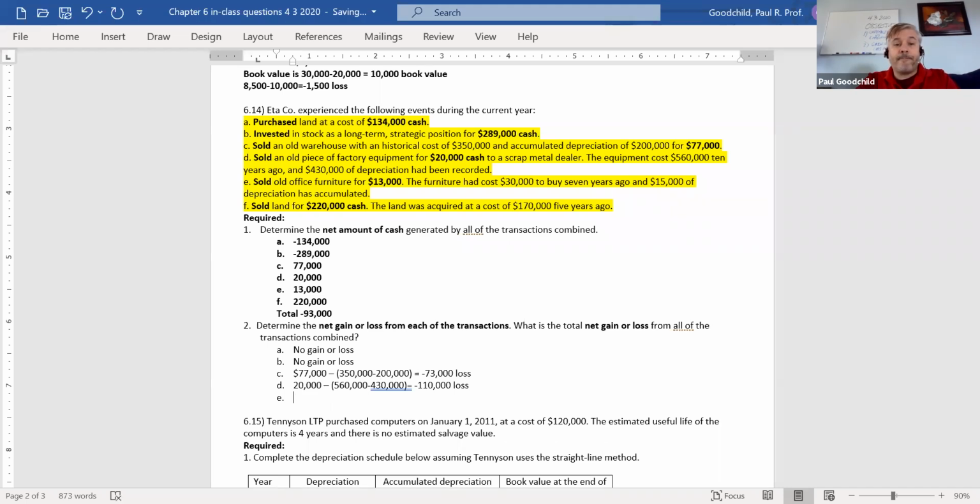E, we had 13,000 in proceeds and our book value was 30,000 less 15,000 of accumulated depreciation. And so that's a $2,000 loss.